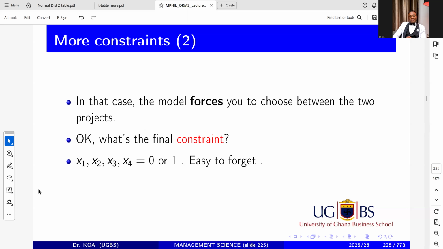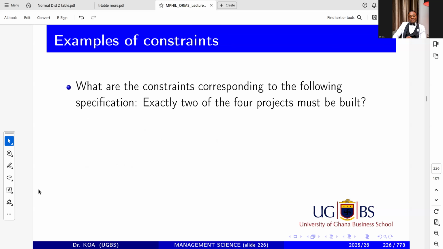That's an easy way to write a binary. But please note that when you write this binary like equal to 0 or 1, you got to also indicate the non-negativity constraint. It must be part of it.